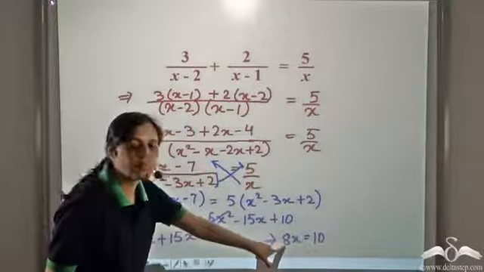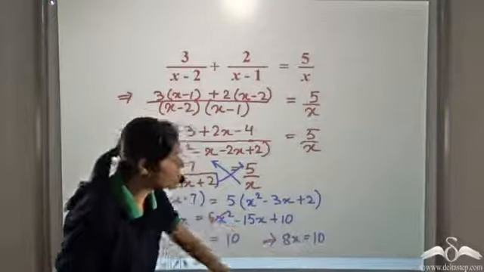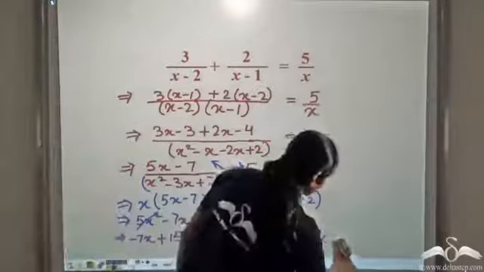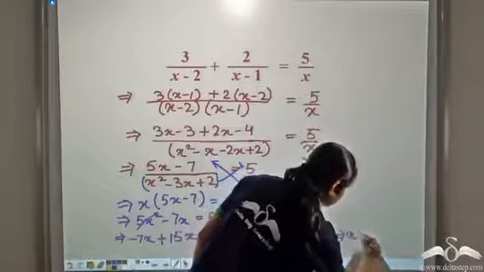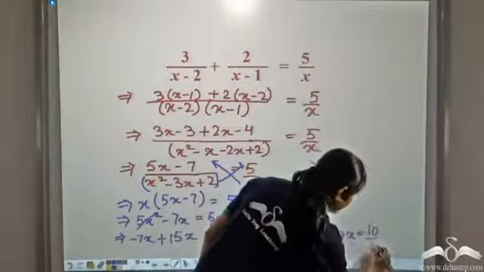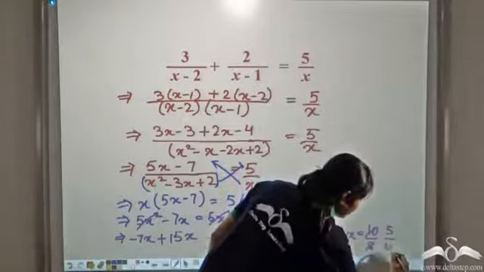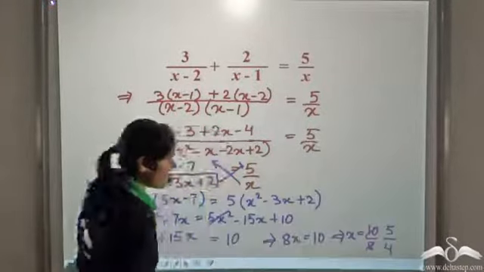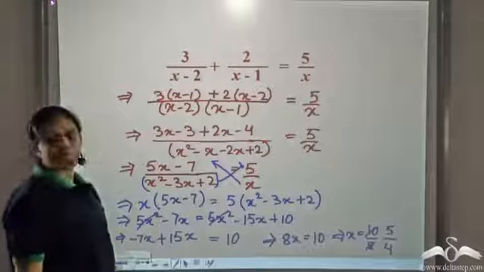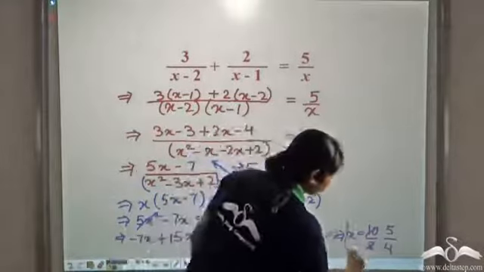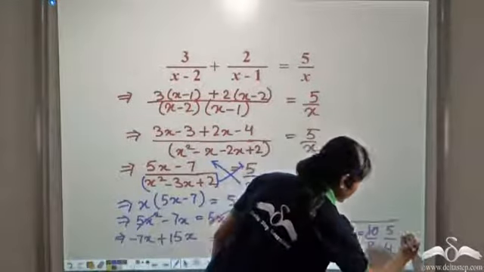Now we need to transpose this 8 to the right hand side. So we'll have x is equal to 10 by 8, which is 5 by 4. So x is equal to 5 by 4 is the solution of this equation.